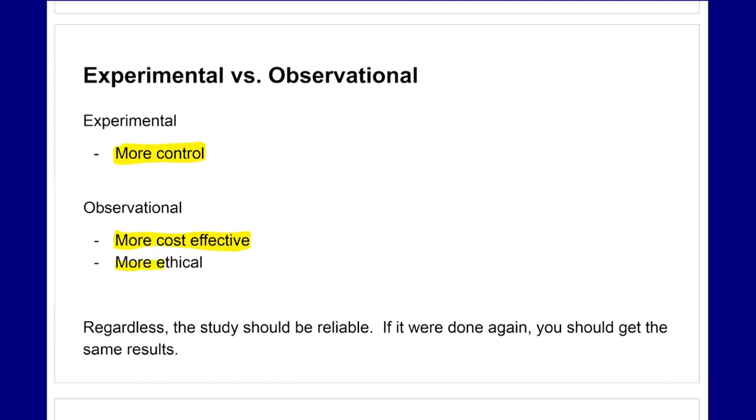It is more ethical, right, in the sense that you're not giving people anything, you're not changing anything, you're just basically observing, right? So there's no third party intervention, things like that. An easy thing for that might be to think of observing behaviors in animals, right?